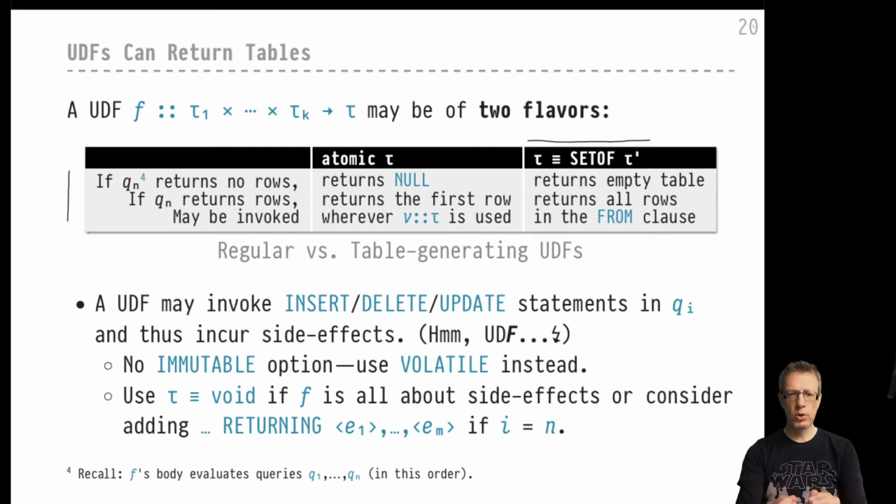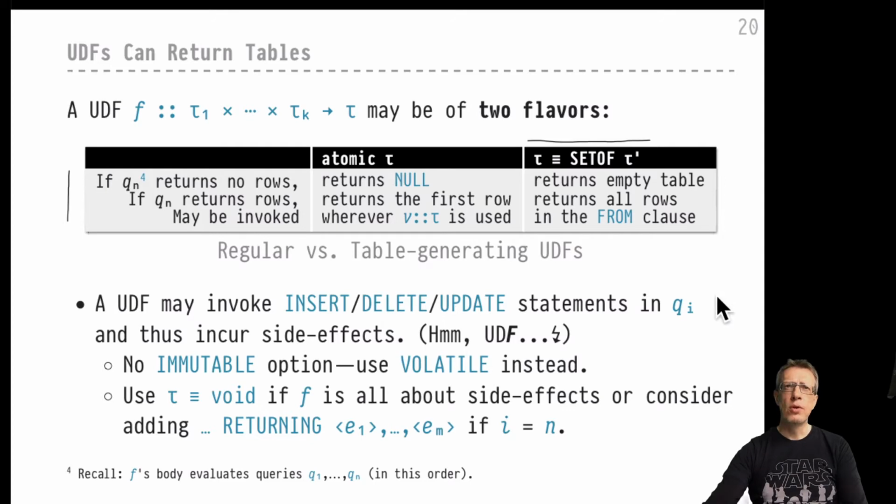So the from clause would iterate over the results of this table generating function, and wherever we would specify a tabular subquery or a table inside the from clause, we could also use our user-defined table generating function. We have seen that with the built-in set returning or table generating functions like generate_series, generate_subscripts, regexp_matches, and so on.